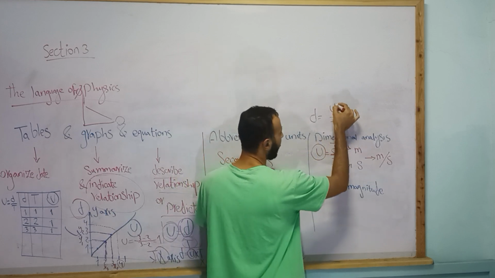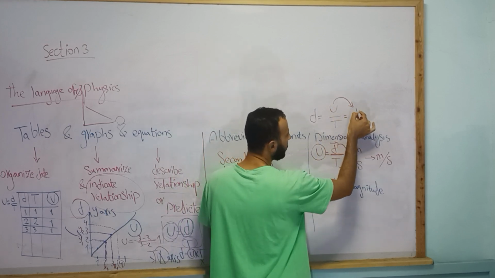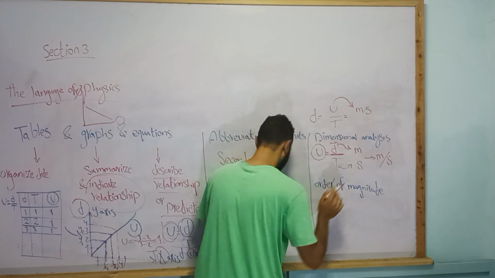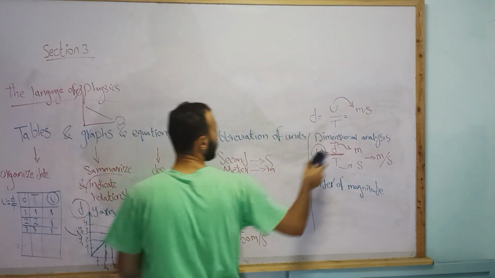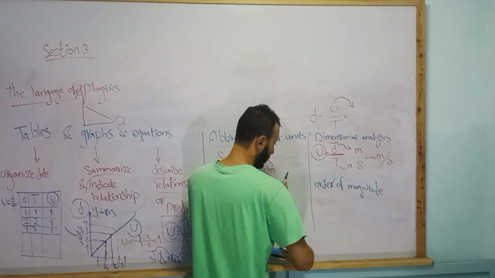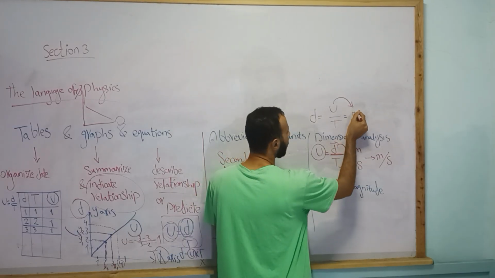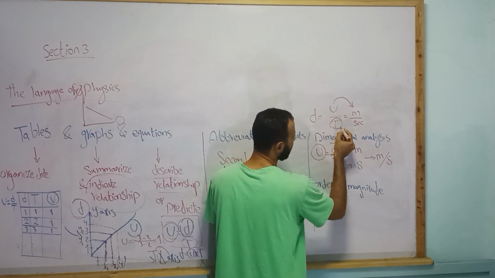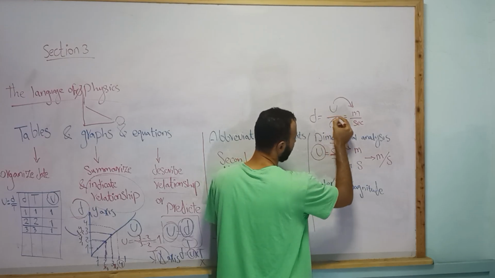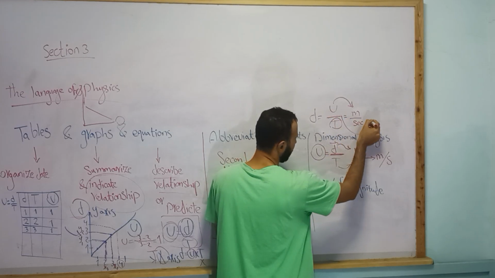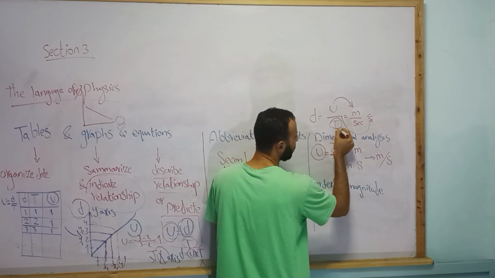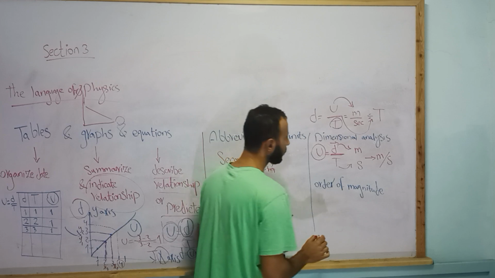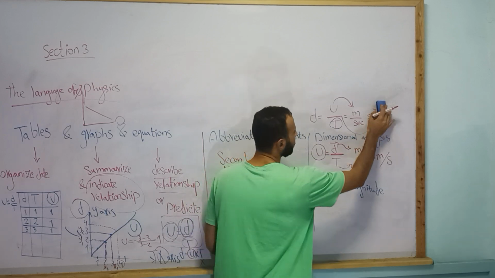You know that the unit of v, the velocity, is meter per second, or you can write it like this: meter divided by second. And the time, you can write it like this: divided by time. So time is what? Time is second.